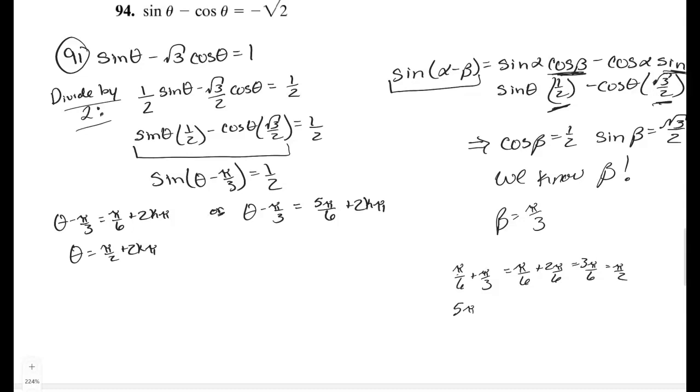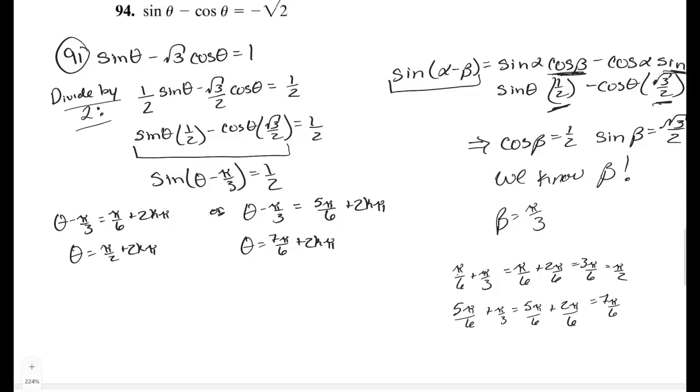So I have 5 pi over 6 plus pi over 3, which is 5 pi over 6 plus 2 pi over 6, with a common denominator, 7 pi over 6. So theta is equal to 7 pi over 6 plus 2k pi.